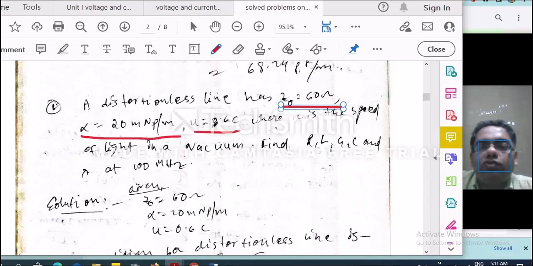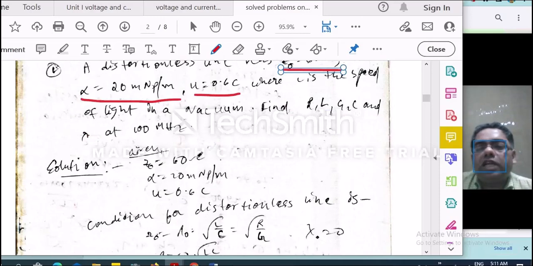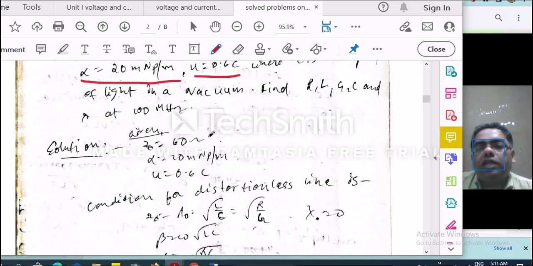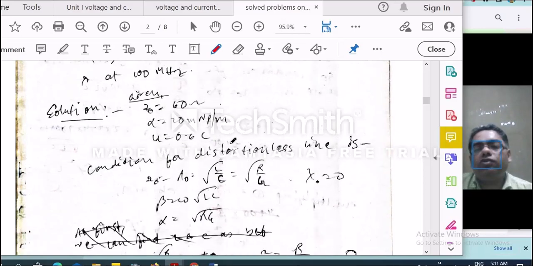So how will we do this problem? Z0 is given as 60 ohm. For a distortionless line, the characteristic impedance is generally real. Alpha is given, and u is this.